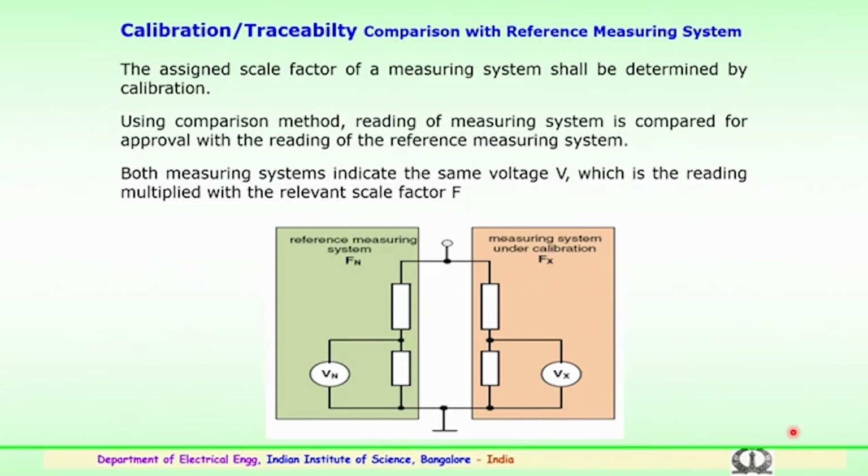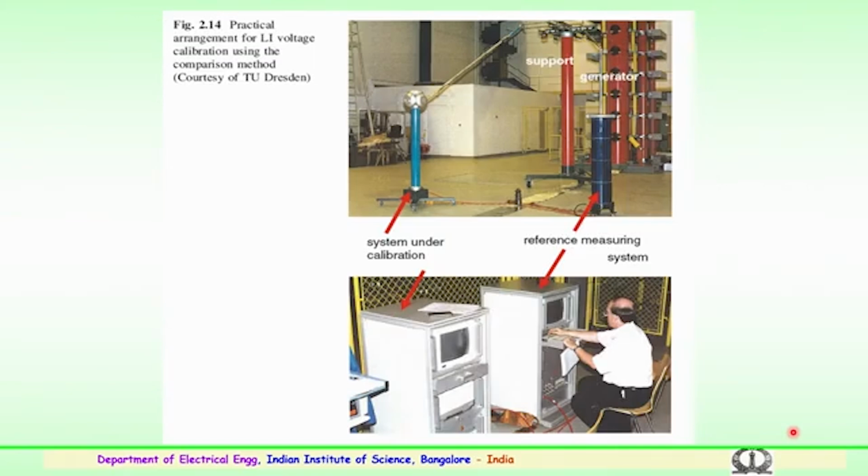Calibration and traceability are equally important for any measuring devices used in high voltage laboratories. This is one example of conducting a calibration experiment for equipment with the reference measuring system. In the case of a divider, the divider under calibration is compared, suitable equivalence with the reference system is maintained, and it is calibrated and certified.